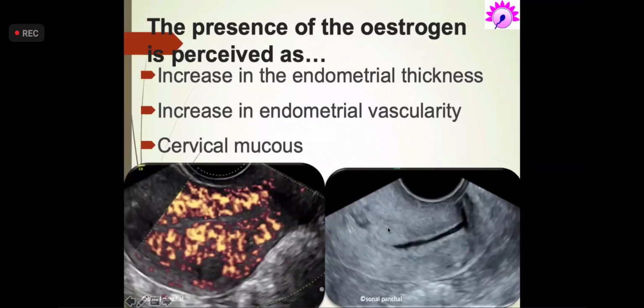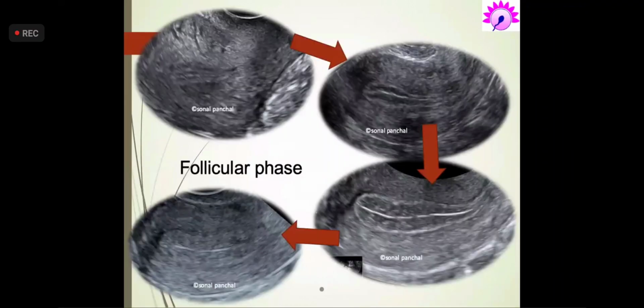Apart from that, it is also the cervical mucus, which represents the effect of estrogen on the estrogen receptors. The presence of estrogen, therefore, is perceived as increase in the endometrial thickness, better endometrial morphology, endometrial vascularity, and the cervical mucus.